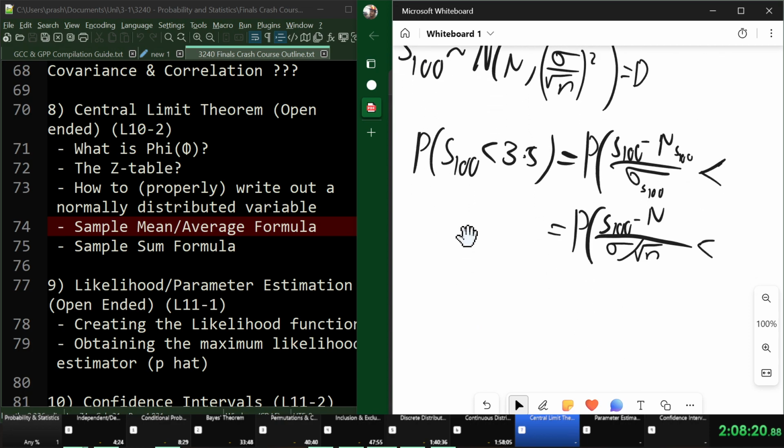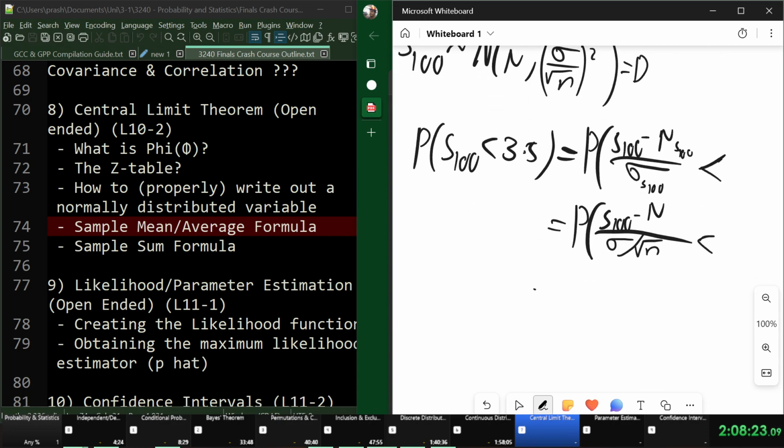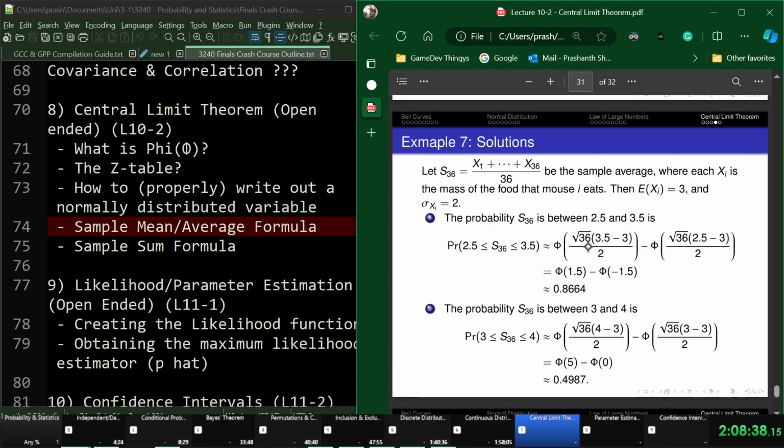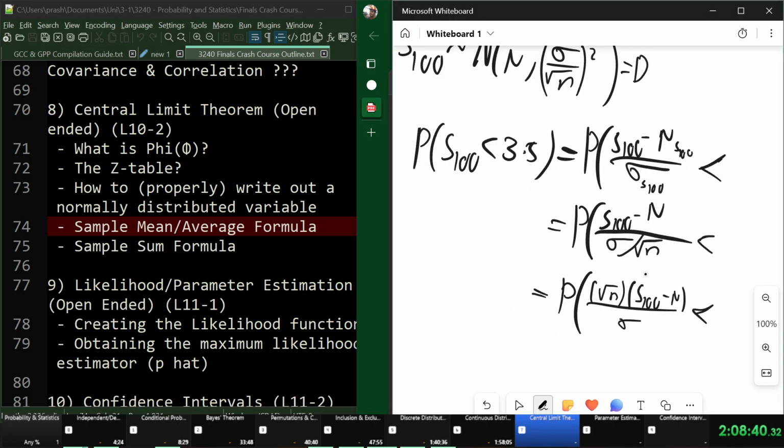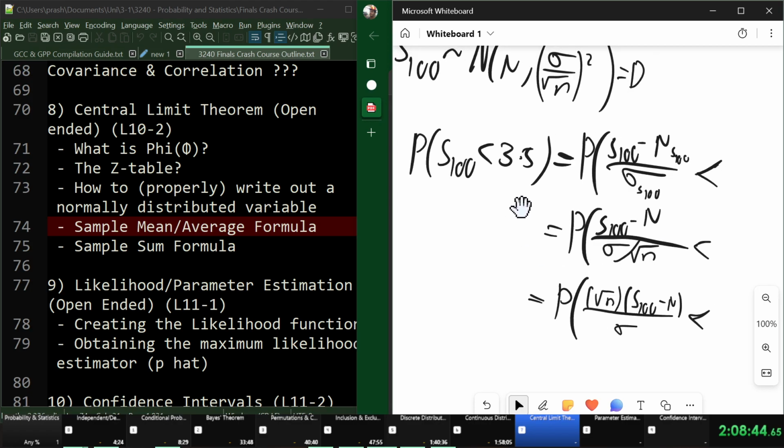In the slides, she tends to put the root n on top, so that just ends up being root n over here, S100 minus mu over sigma. That's why you'll see the root n just sits here. Because it's division by root n, you put it on top, it's equivalent to the same thing.